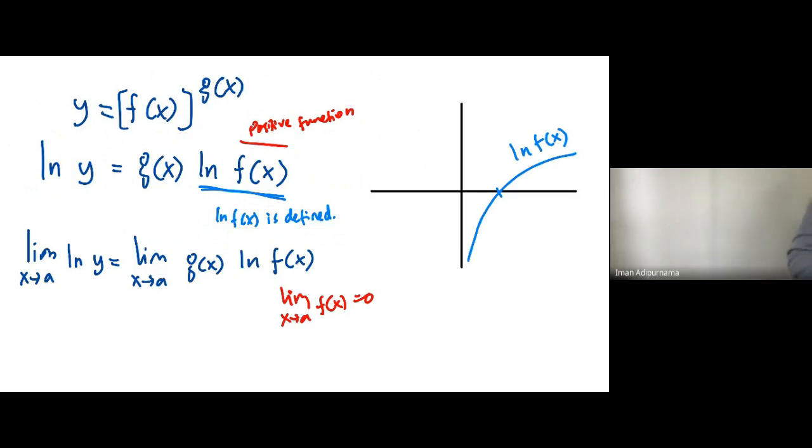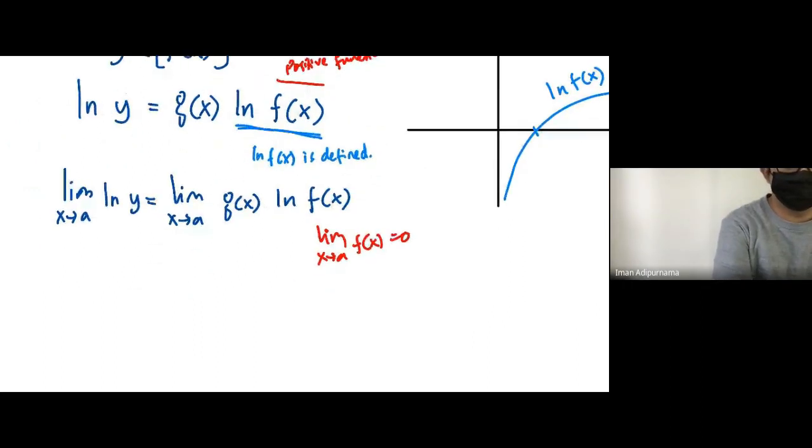So we can conclude that this part here will be negative infinity. Remember that g from the information is already positive infinity, but because of the property of ln, it will have a negative infinity.